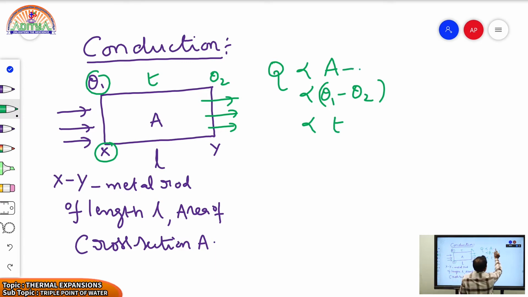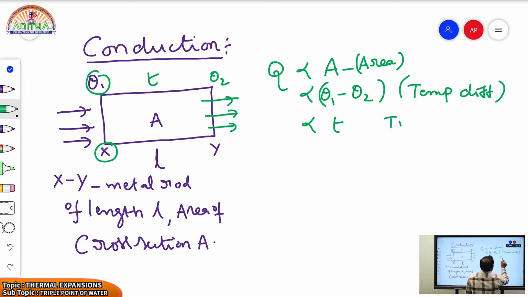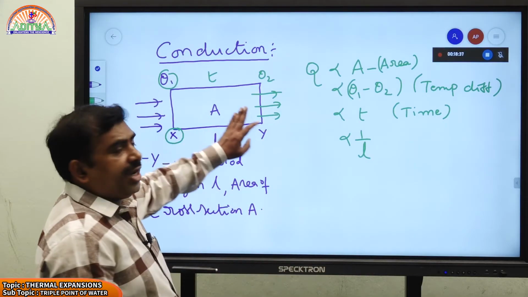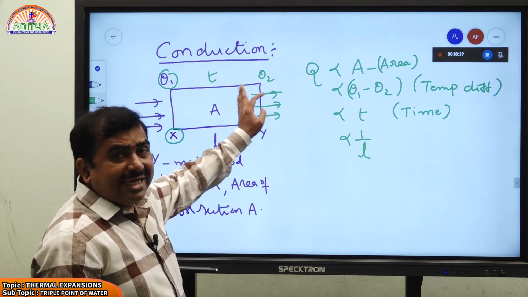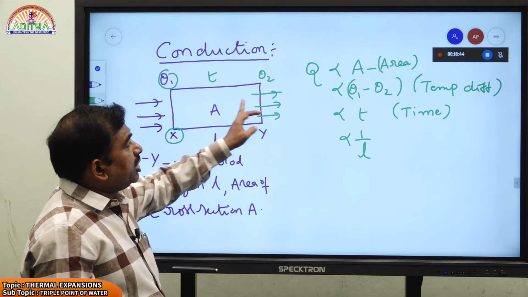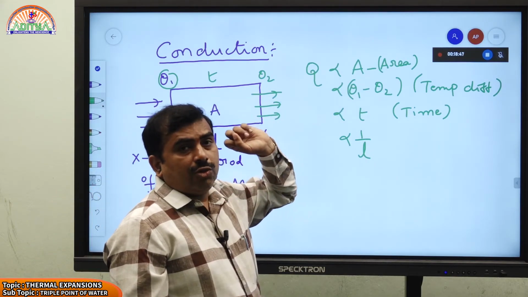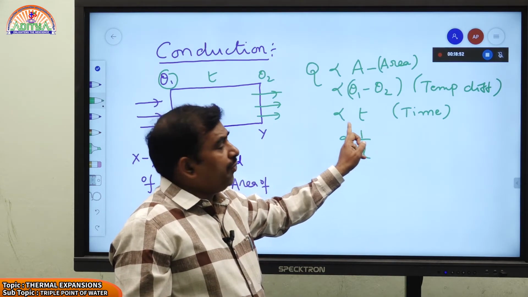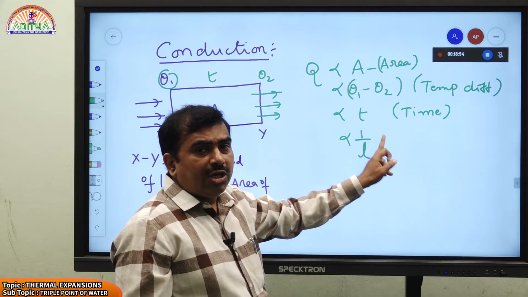Look, this is area, this is temperature difference, this is the time, and it is inversely proportional to its length L. The amount of heat passing through this conductor, because it can conduct the heat, is directly proportional to area of cross section, temperature difference, time of flow of heat, and inversely proportional to its length.